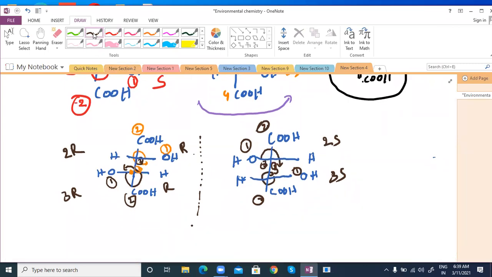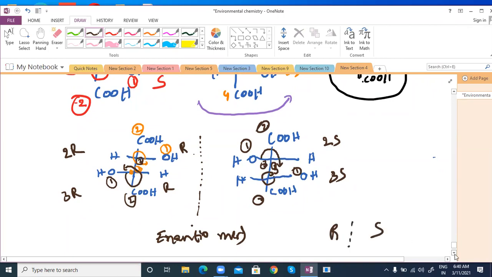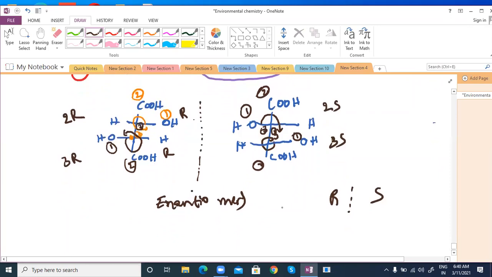So what did you understand finally? These two are enantiomers. So I'm going to give one hint, sir. The mirror image of R should be S when we are writing RS nomenclature.